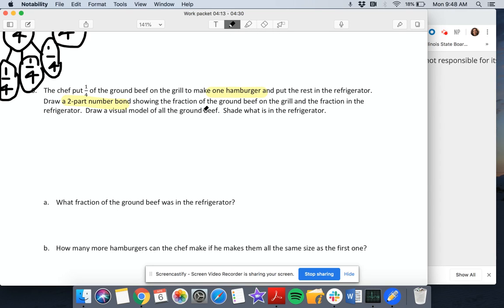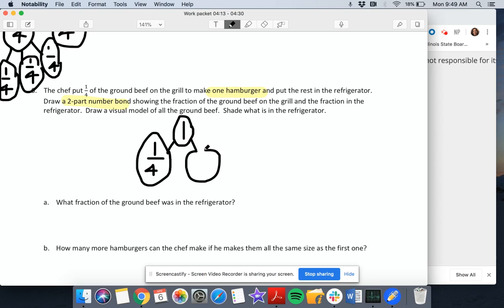I know that 1 will go on top because the number bonds are just representing one figure. And I know that 1/4 will be one of my numbers because 1/4 is the amount of ground beef the chef put into the grill.